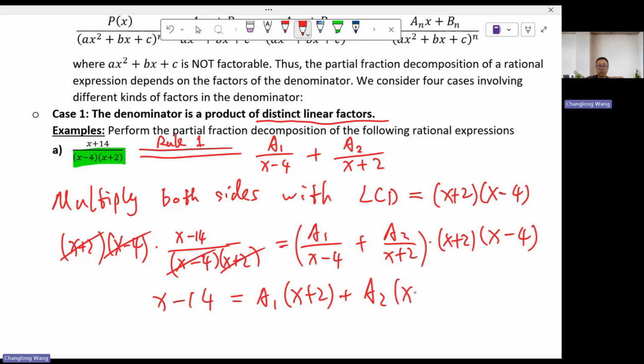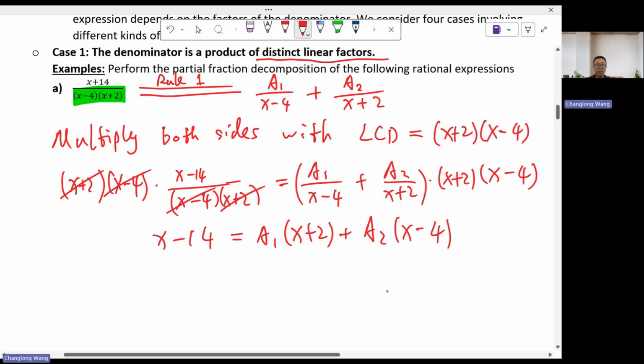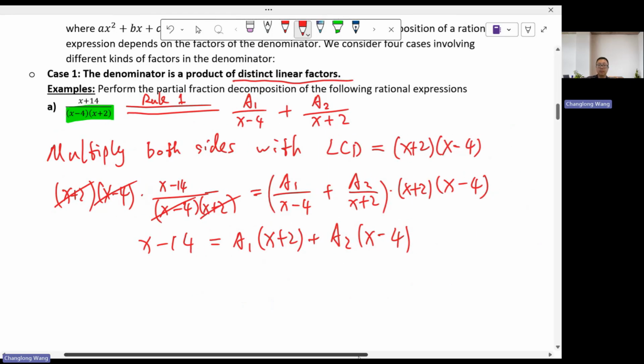You're left with x minus 4, still multiplying a sub 2. And that equation, once you get rid of all the denominators, is known as the master equation. Now you can play around with any numbers for x you want to make your life easier, so you can find a sub 1 and a sub 2 without doing crazy algebra.